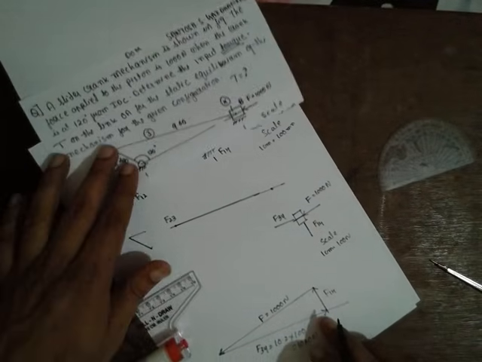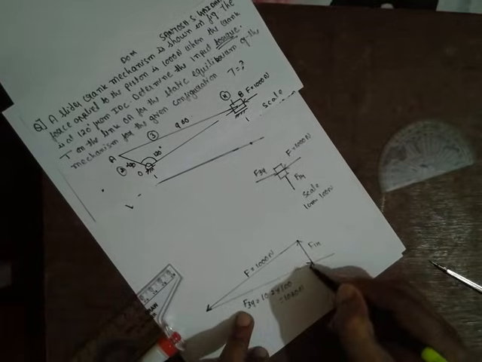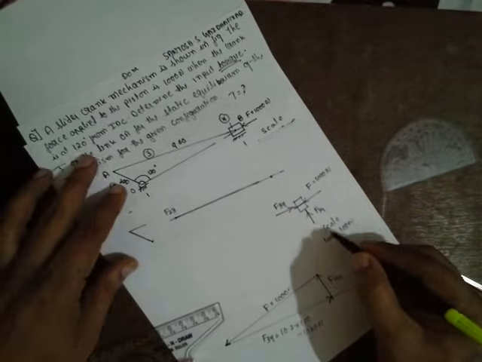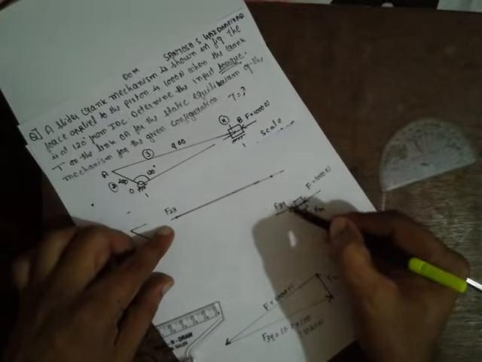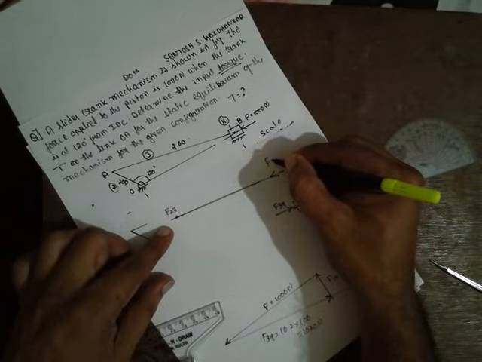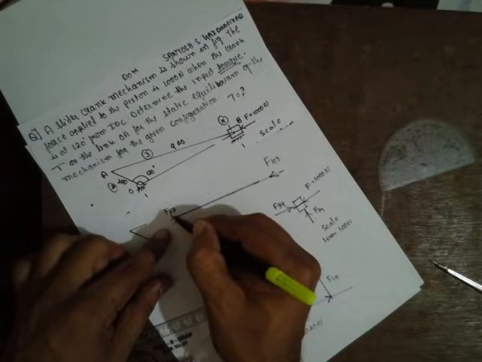Now just transfer the direction here. F34 is this direction, just transfer these directions here. Next, the exactly opposite direction has to be transferred this side. F43. Now the balancing vector representation should be in the opposite direction.